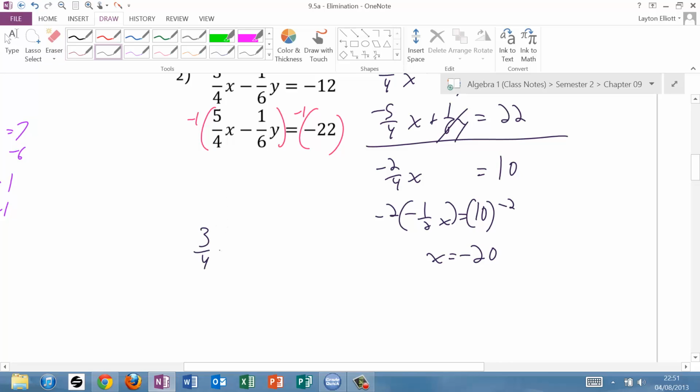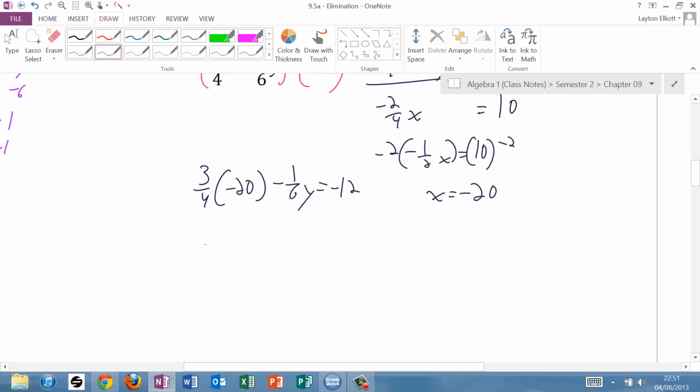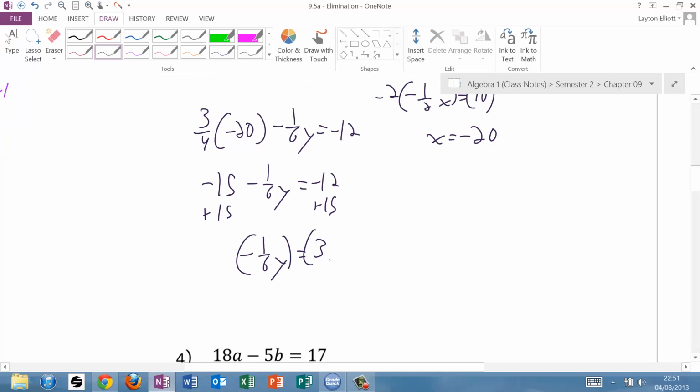So you have 3/4 times negative 20 minus 1/6 y is equal to negative 12. 3/4 of negative 20 is negative 15 minus 1/6 y is equal to negative 12. Add 15 to both sides. You have negative 1/6 y is equal to 3. Multiply both sides by a negative 6, and I get y is equal to negative 18.